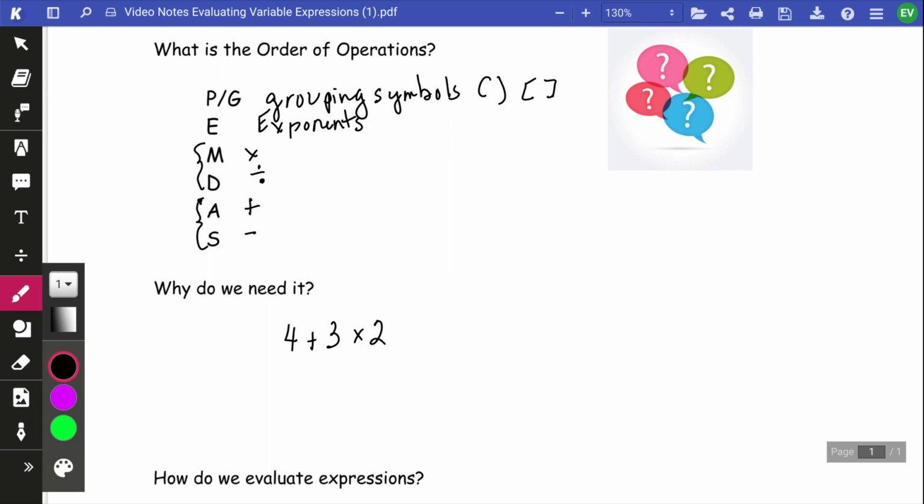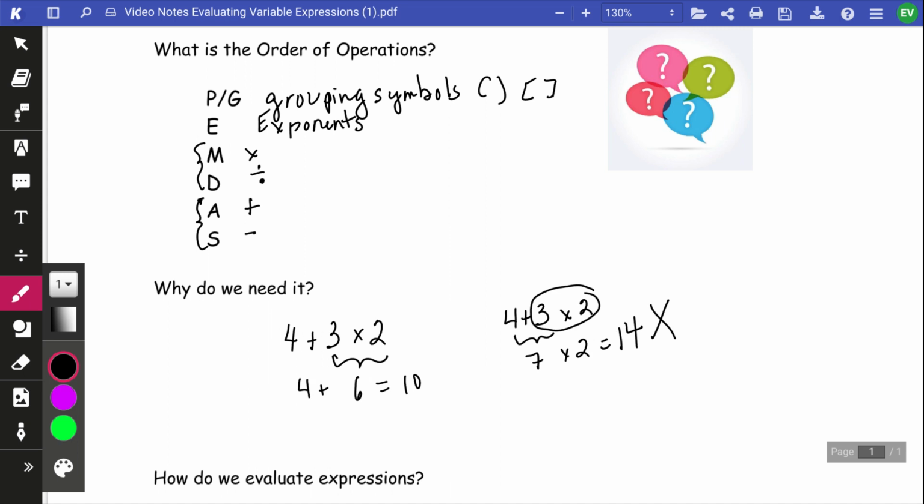If you do the 3 times 2 first, which is what you're supposed to do, that's 6, and then add, you get 10. But if you forget order of operations, then you're going to do the addition first, and you're going to have 7 times 2, which is 14, but that is incorrect.